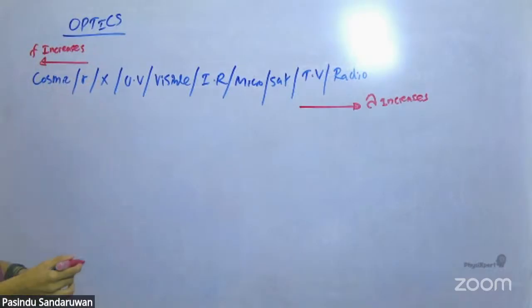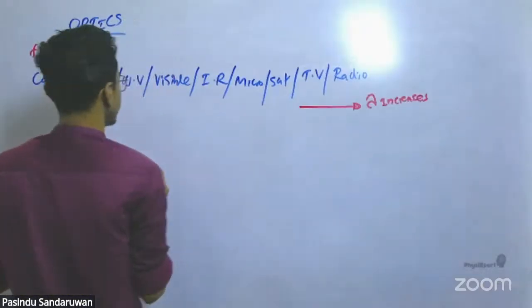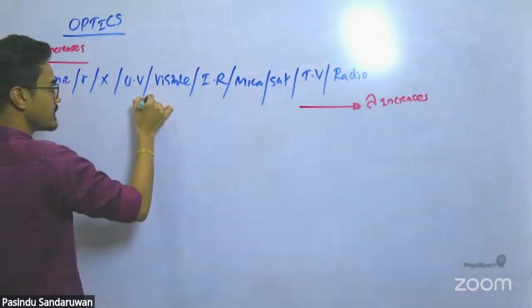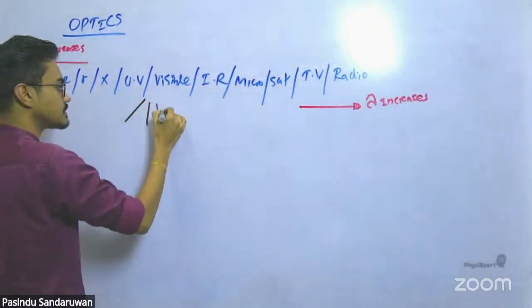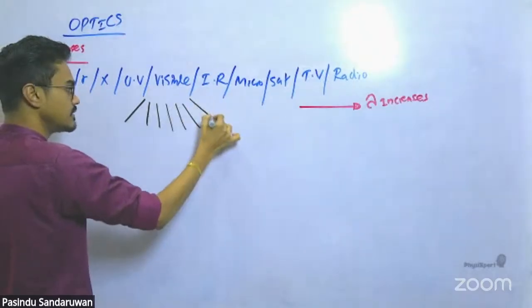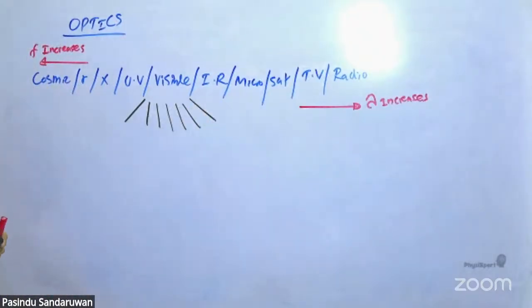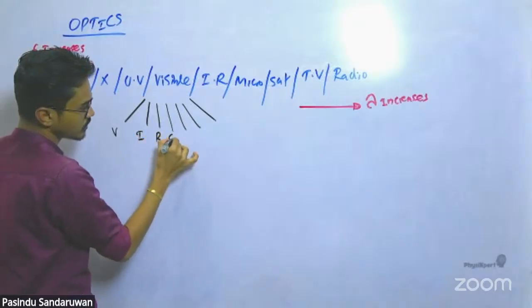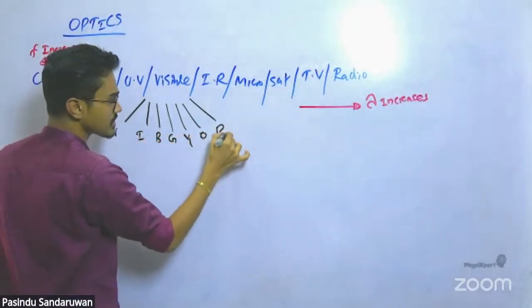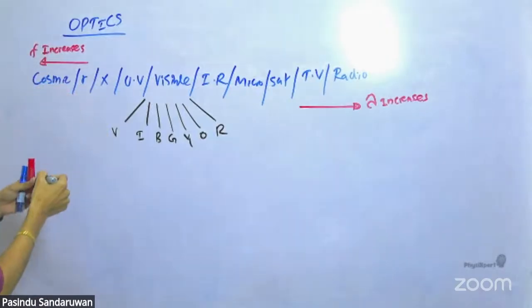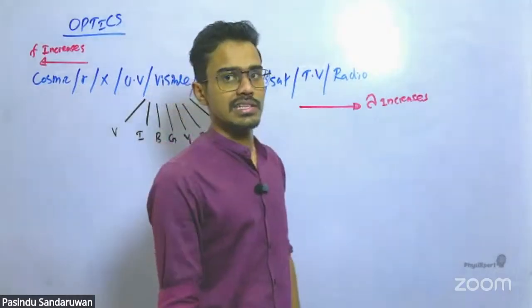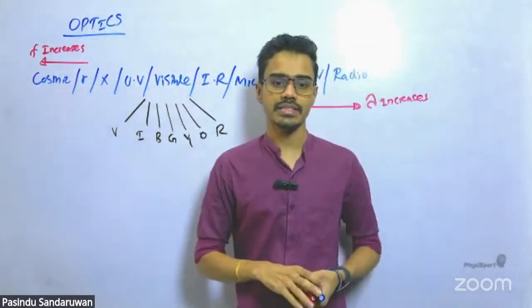Here we have visible light. In visible light, we had 7 different colors: violet, indigo, blue, green, yellow, orange, red. This lesson is all about this visible light part of the electromagnetic spectrum.